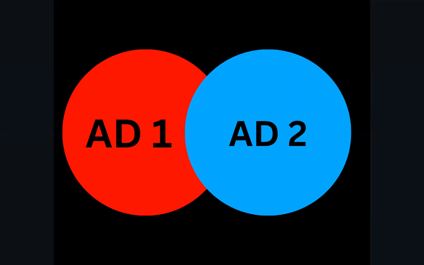If you're experiencing this, look through your ad account and ask: do I have any ads right now that use the same ad copy or the same creative as another ad? If you have that, then your ads are most definitely going through auction overlap.